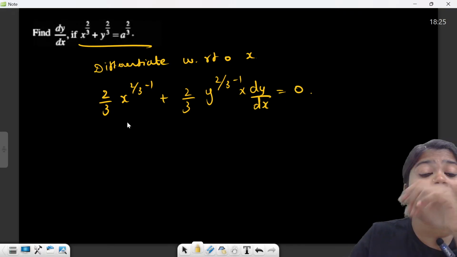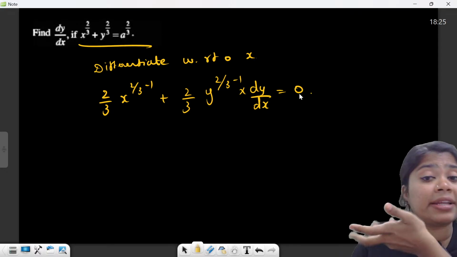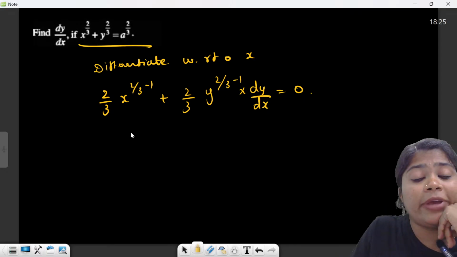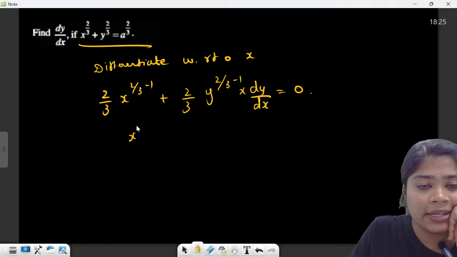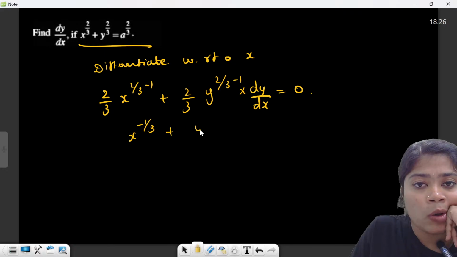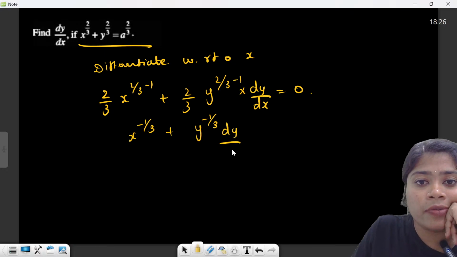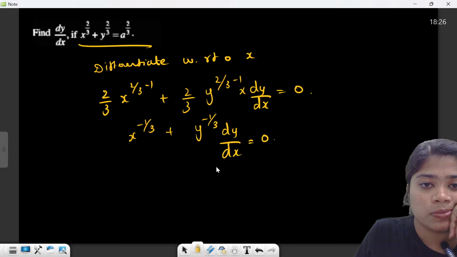So anyway, 2 by 3 is common, you can cancel it out. So we will be having x to the power minus 1 by 3 plus y to the power minus 1 by 3 dy by dx is equal to 0.